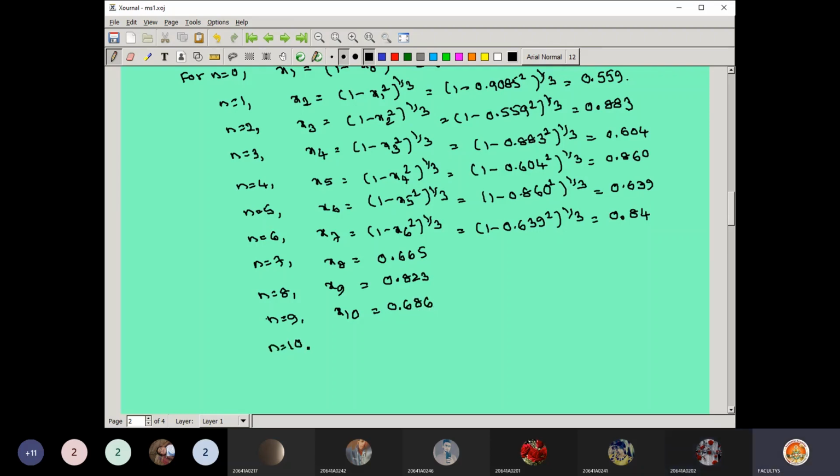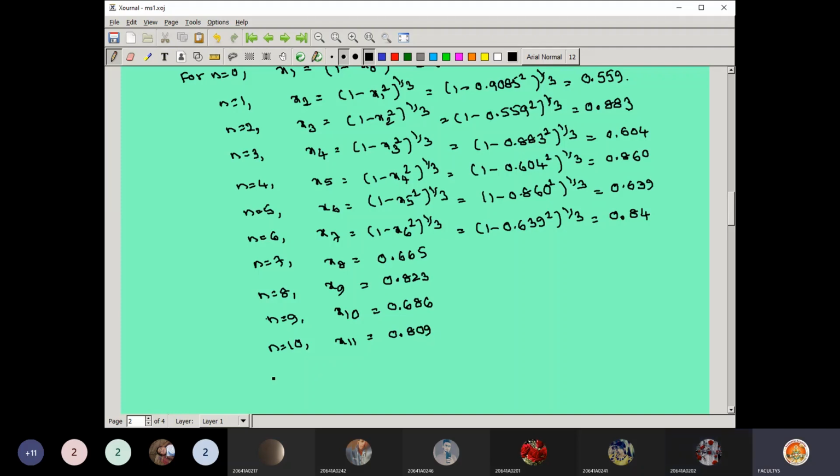Next, n equal to 10, so that x11. Maybe this is 0.8 something. 0.809.